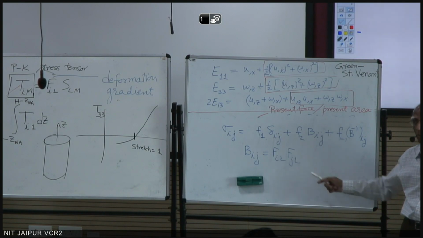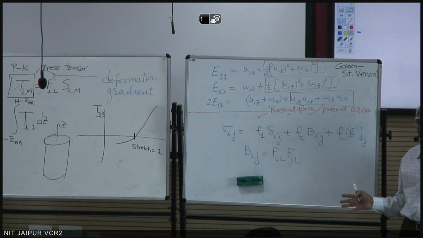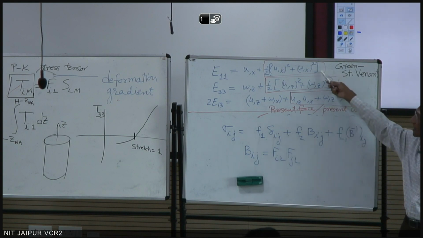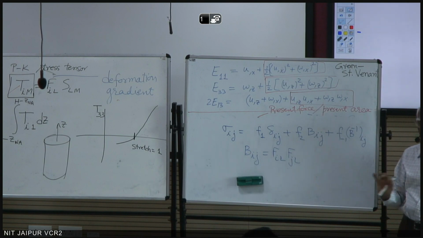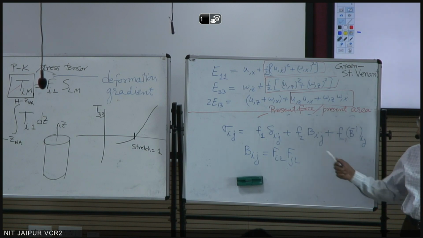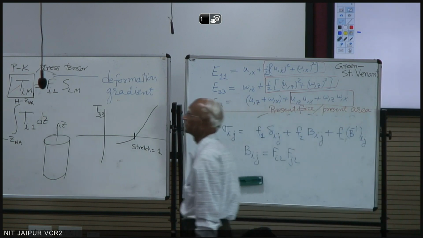This is also quadratic in the displacement gradients, like E is quadratic in the displacement gradients. So this B is also quadratic in the displacement gradients. But this is Cauchy stress, not the second Piola-Kirchhoff stress. Cauchy stress cannot be written something like this.